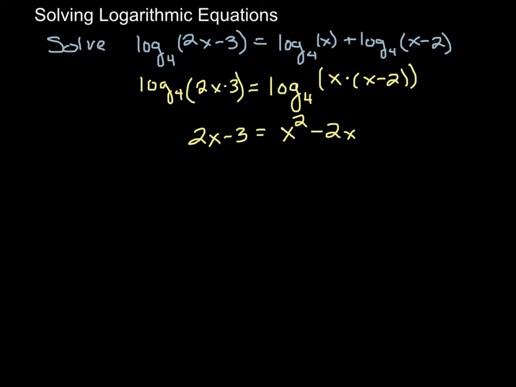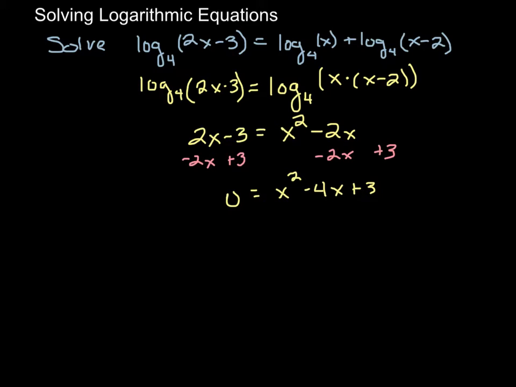Now we got ourselves a quadratic, and remember how to solve quadratics. We first need to make sure it's equal to 0. So I'm going to subtract 2x to both sides, add 3 to both sides, and we're going to be left with 0 equals x squared minus 4x plus 3.